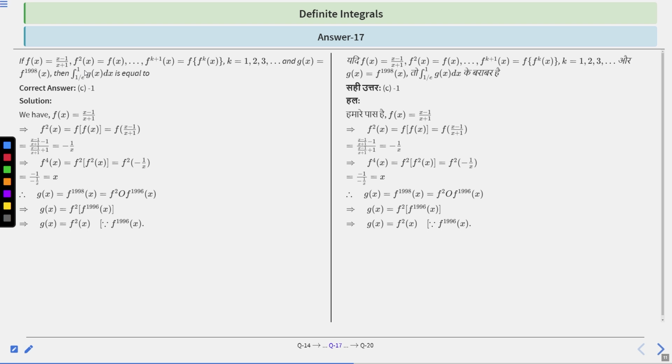See, f²(x) and f³(x), f^1998(x) is not basically n times differentiation. That is, f²(x) is not like twice differentiation of f(x). It is basically f of f(x), right? f² is basically f of f(x), and f^1998(x) is basically f applied 1998 times, right?